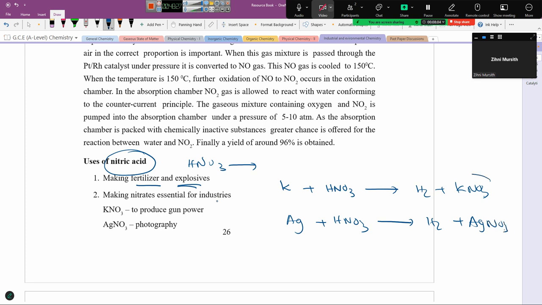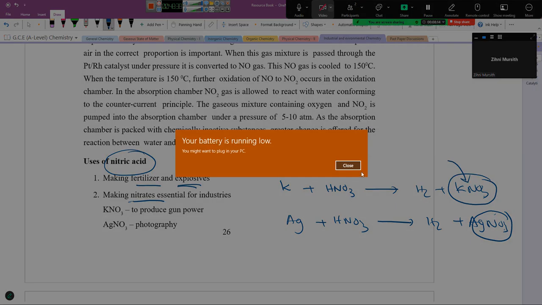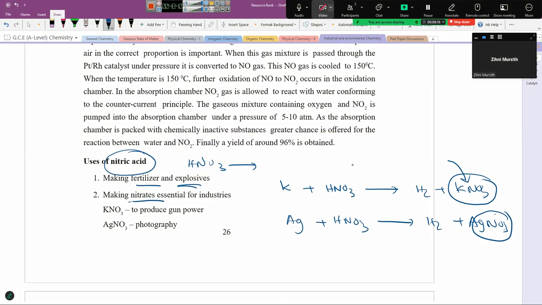Here KNO3 and AgNO3 are nitrates essential for industries. These nitrates are used in the production of other useful things. KNO3 is used to produce gunpowder, and AgNO3 is used in photography and inks, right?